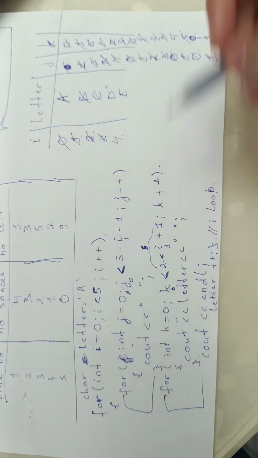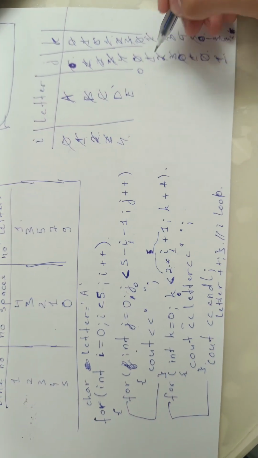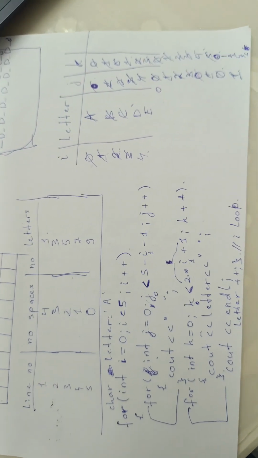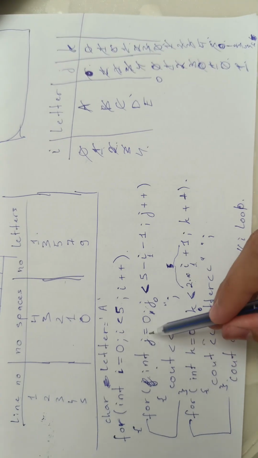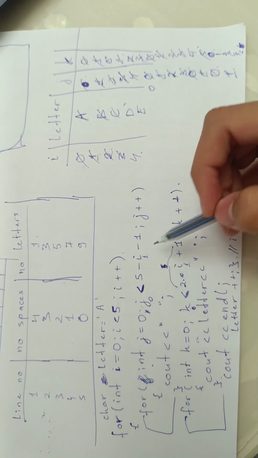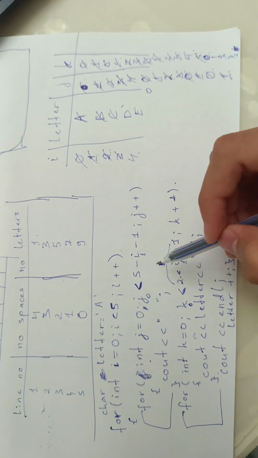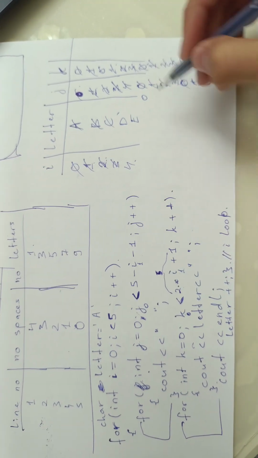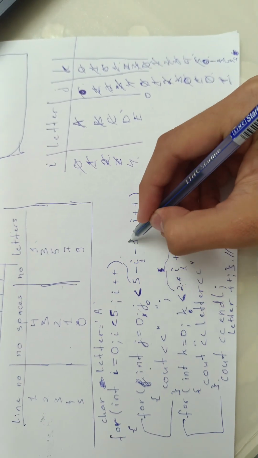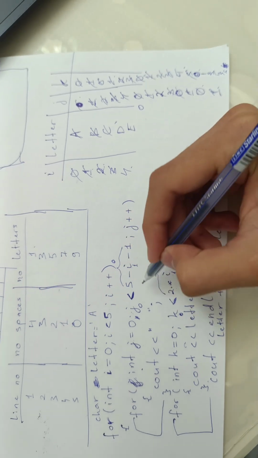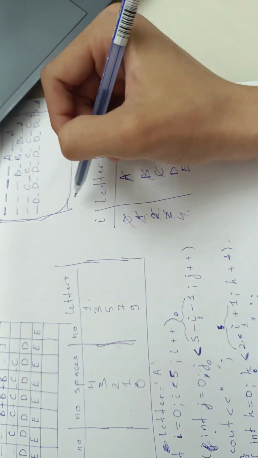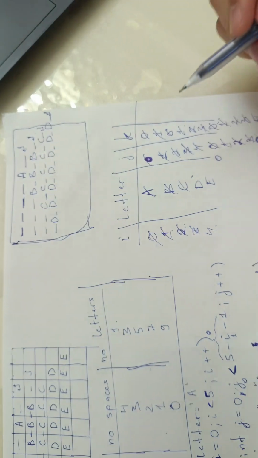J equals 0. 0 is less than 5 minus 4 minus 1, which is 0. 0 is not less than 0, so there will be no space here.